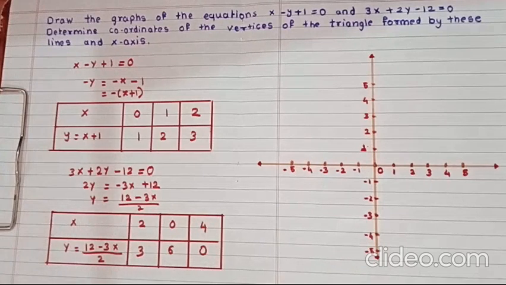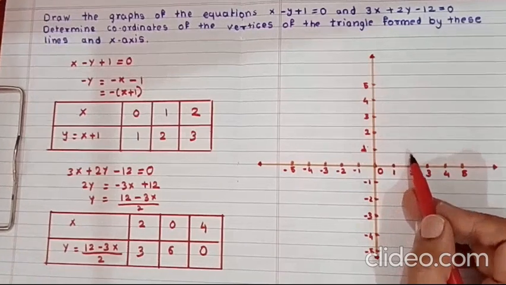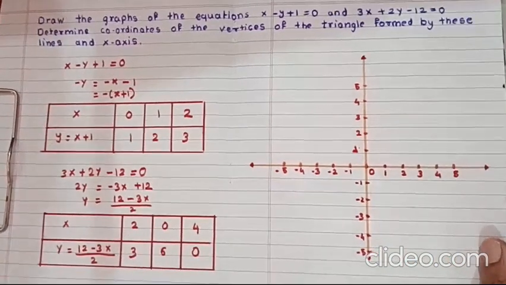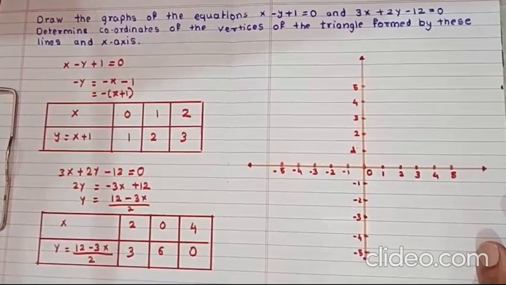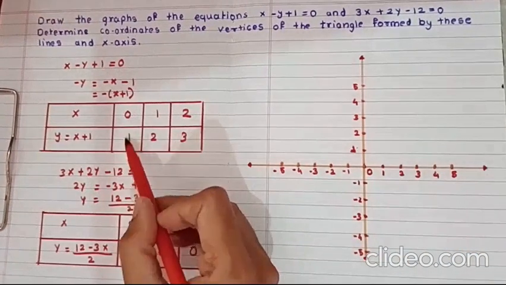So now just look at the points on the graph and then draw the line representing the equation. So the first point will be 0, 1.